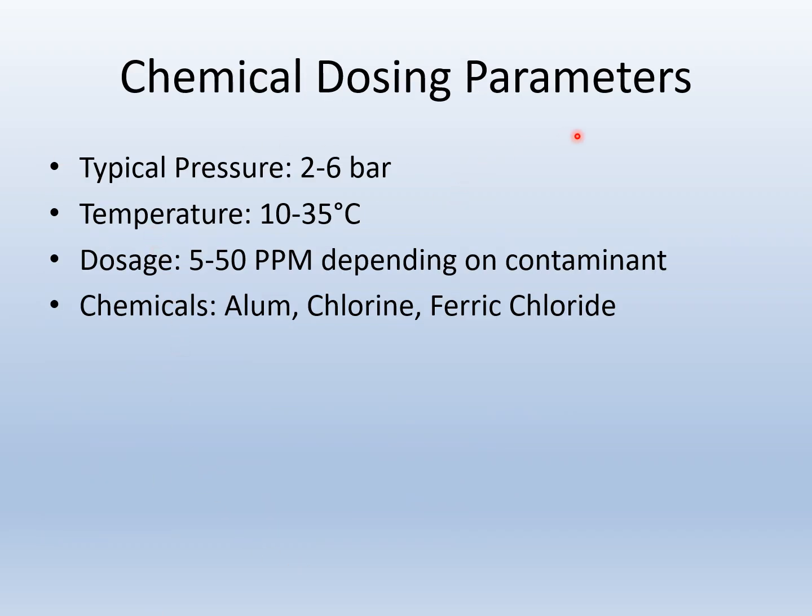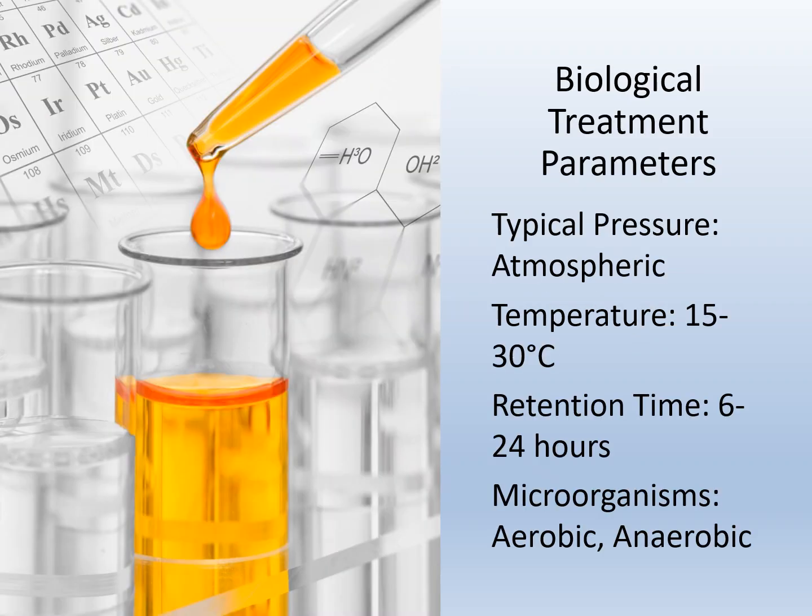Chemical dosing parameters: typical pressure 2.6 bar, temperature 10 to 35 degrees C, dosage 5 to 50 ppm depending on the contamination, chemicals like chromium and ferric acid. This will also basically refer to the manufacturer specification.